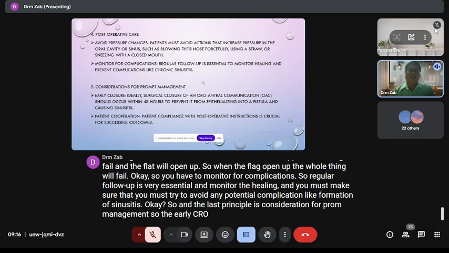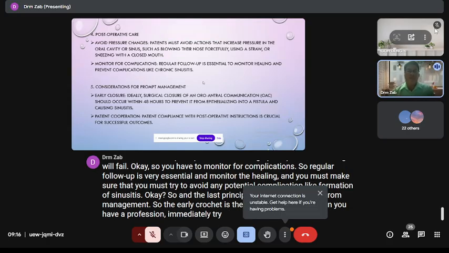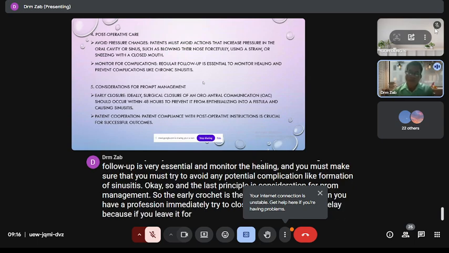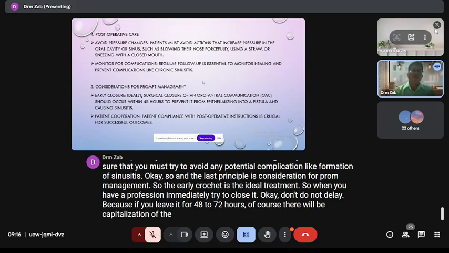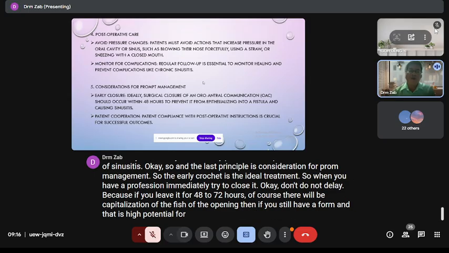Early closure is the ideal treatment. So when you have a perforation, immediately try to close it. Do not delay, because if you leave it for 48 to 72 hours, of course, there will be epithelialization of the opening, then a fistula will form, and there is high potential for formation of sinusitis.